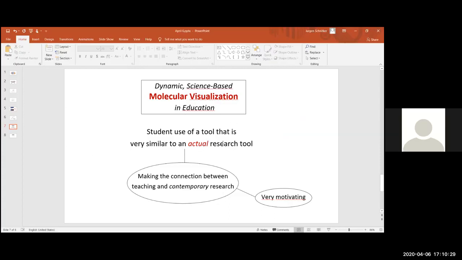This is the real thing. It's all packaged to be easy to use, and we keep all the technical details behind the curtain, but it really mirrors the actual research tool closely. So that's a very motivating factor for many students.